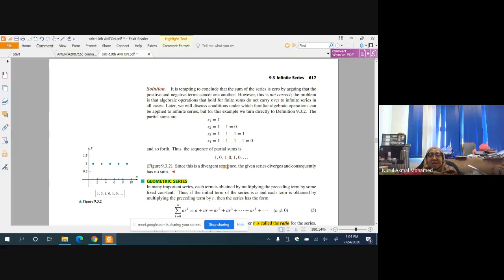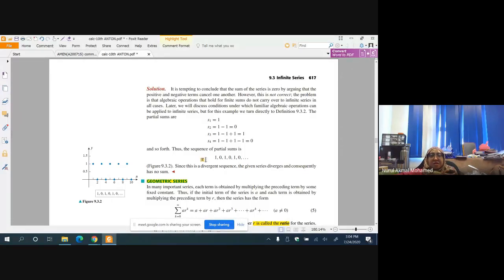Okay, and this is a divergent sequence, right? It starts from 1 and goes back to 0, and then goes to 1, goes back to 0, and so on. So it is not converging to a number.